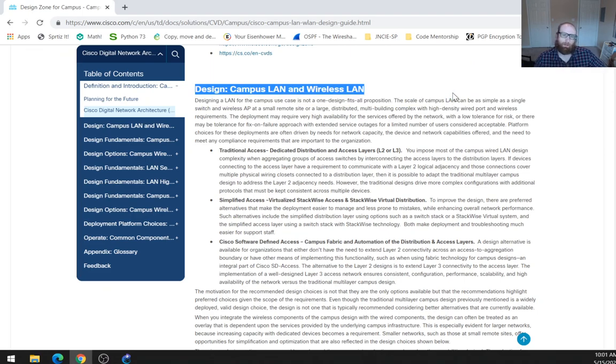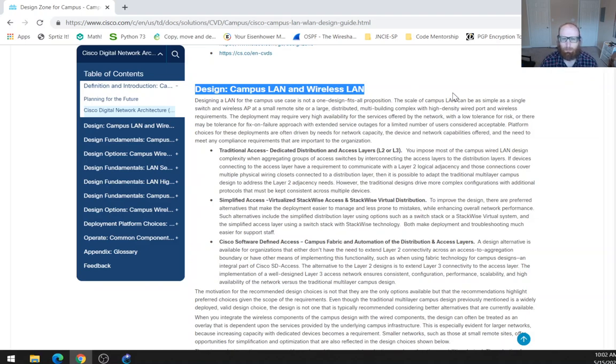Design campus LAN and wireless LAN. Designing a LAN for the campus use cases is not a one design fits all proposition. The scale of campus LAN can be as simple as a single switch and wireless access point at a small remote site or a large distributed multi-building complex with high-density wired port and wireless requirements, like an airport or a hospital.